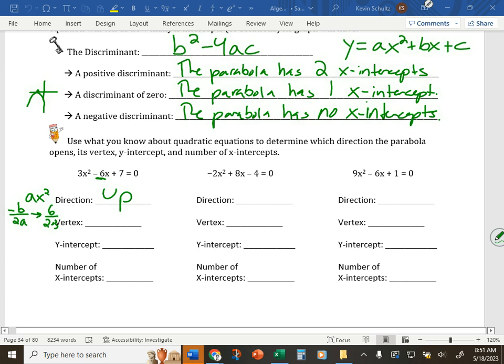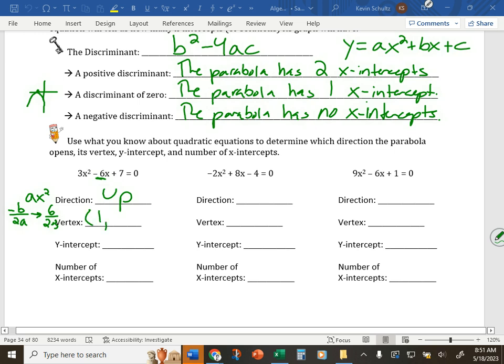It's a negative 6. And in the formula, a negative b, a negative negative 6, is a positive 6. Okay, Nick? How do we know it's going up? We know it's going up because the a term is positive. That 3 is positive. Now this 6 over 2 times 3 equals 1. So the x value of the vertex is 1.